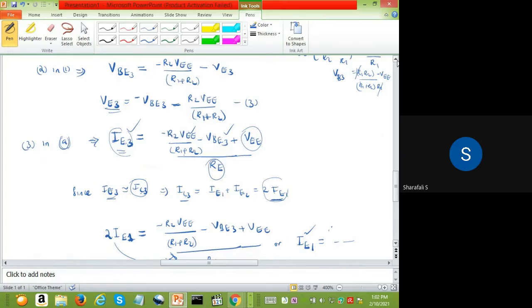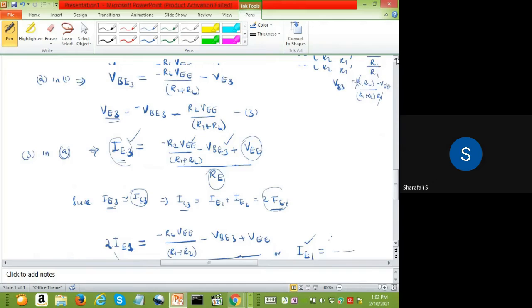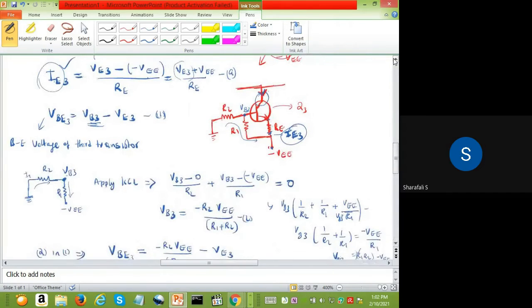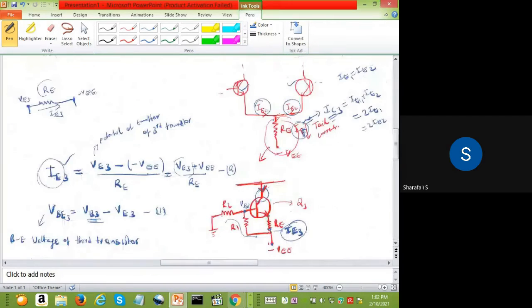So the tail current, which was going through here for the first circuit, is nothing but your 2 IE1 or 2 IE2. This IE1 is constant, so 2 IE1 also will be constant. That current will be flowing through this because of that additional transistor and this configuration.